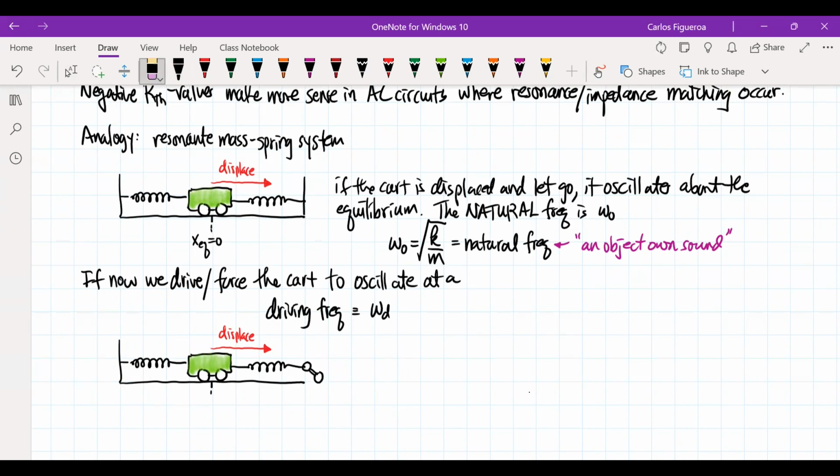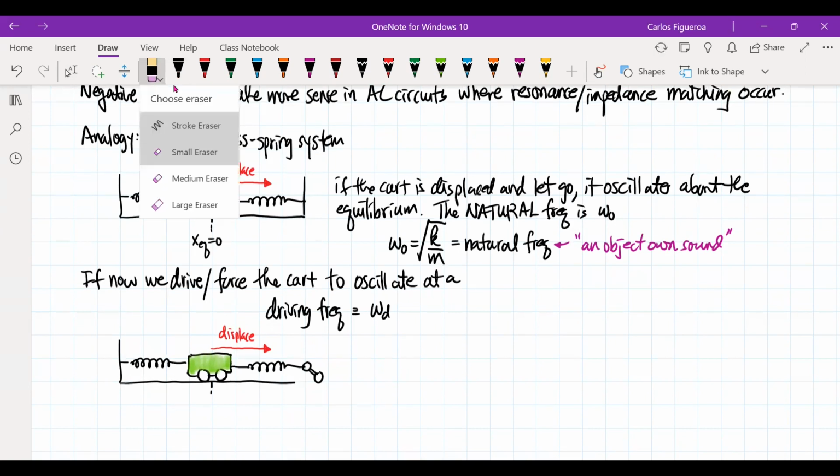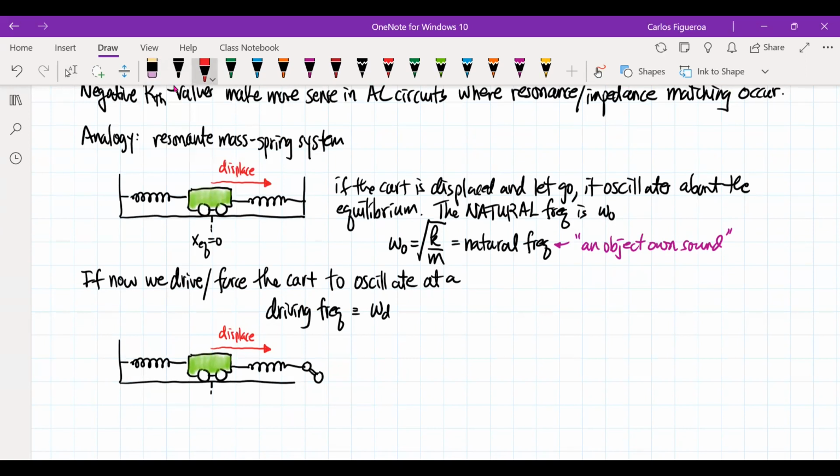This guy is going to oscillate in a circle, so this guy is moving in a circle, and this is an oscillating arm. Because of this oscillating arm, it forces the cart to oscillate back and forth.